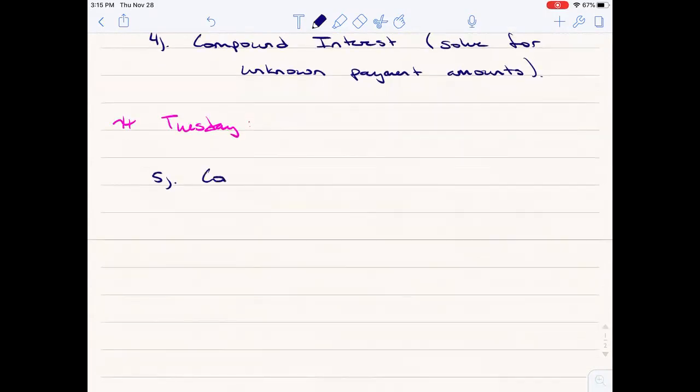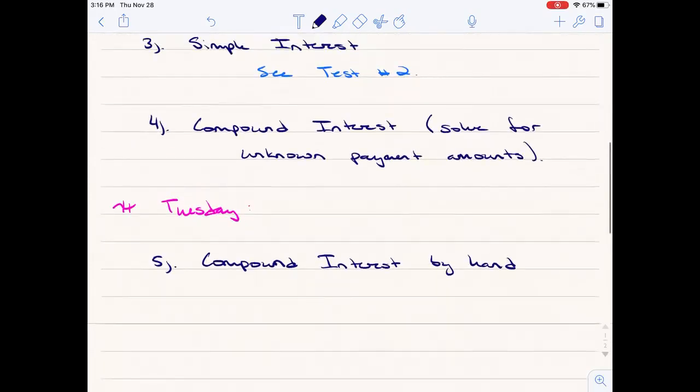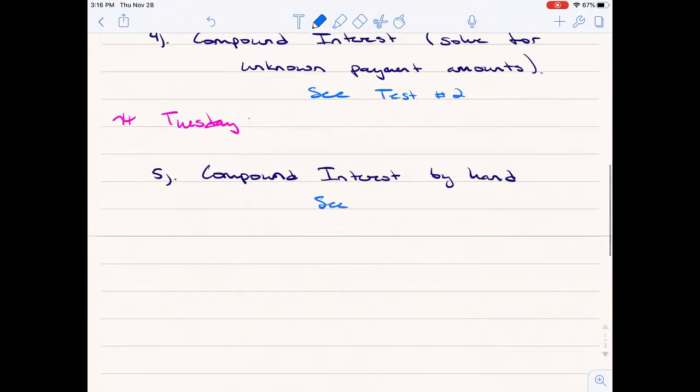So this is a compound interest problem by hand. And these are all C test number 2.